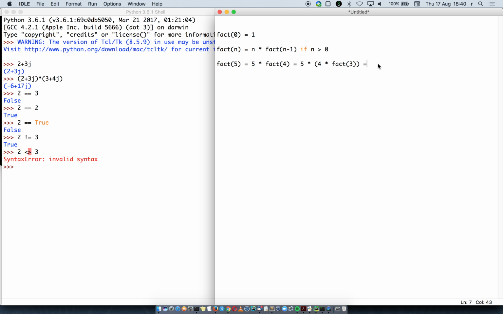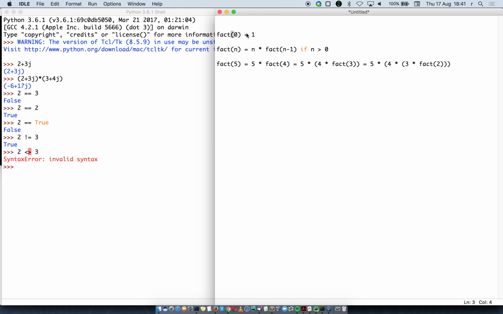We're going to keep going like this, and you understand the process. At some point, I'm going to see factorial of 0 there, and then the definition gives me an expression that I can evaluate. The symbol factorial will not be in that expression anymore, so it's something that we can fully evaluate.